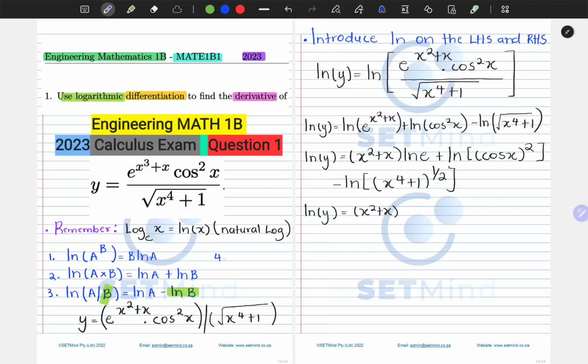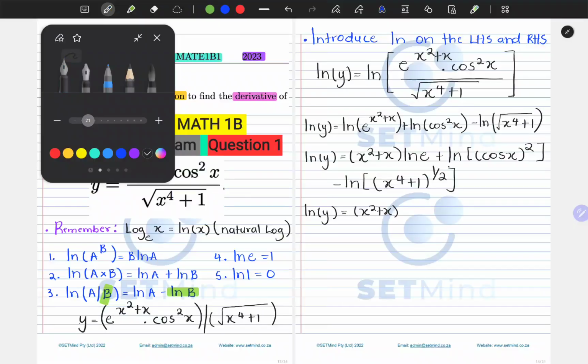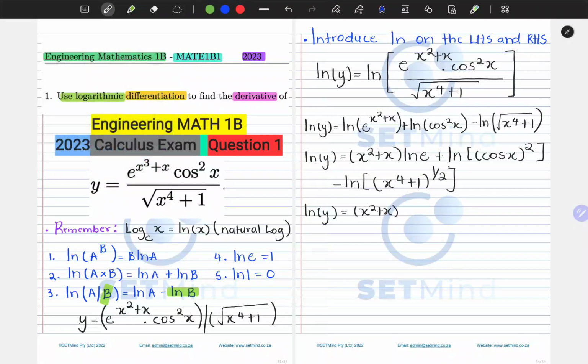So let me add as number 4 here, that ln of e becomes 1. And number 5, very importantly, is that ln of 1 is 0. So all I have left is x squared plus x, and then plus 2 ln of cos of x. And then if you observe carefully, the half will come out, and then I'll have ln of x to the power 4 plus 1.